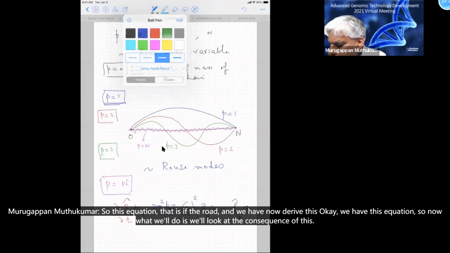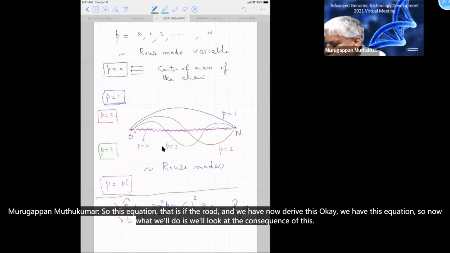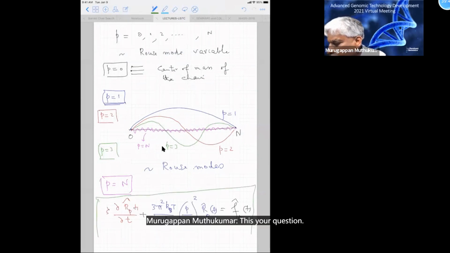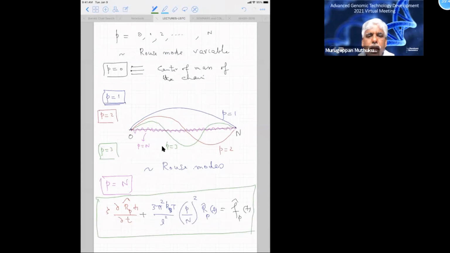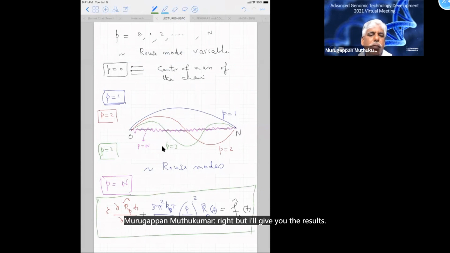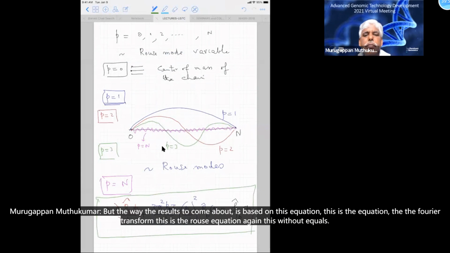So now we'll look at the consequence of this equation. I will not work out the details of the next derivations, but I'll give you the results. The way the results come about is based on this equation. This is in Fourier transform. This is the Rouse equation. Again, this is the Rouse equation.